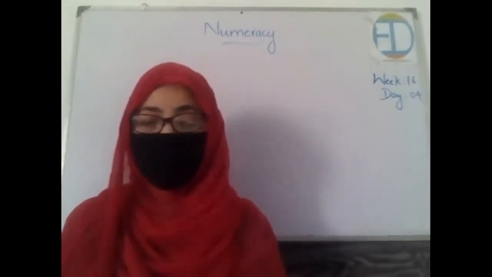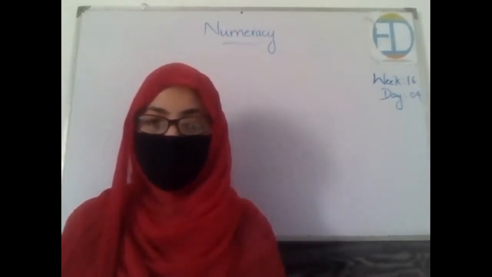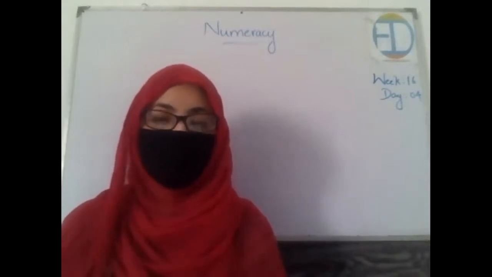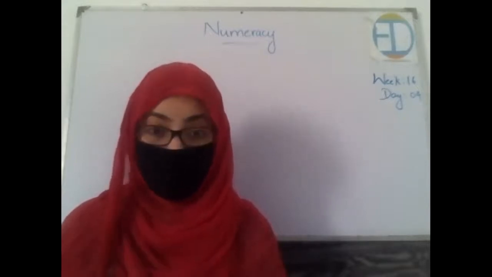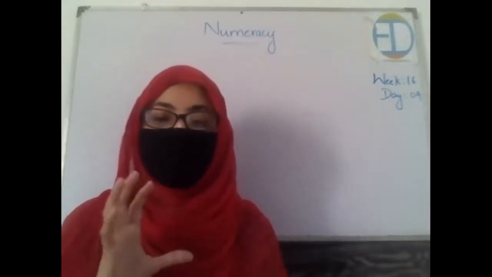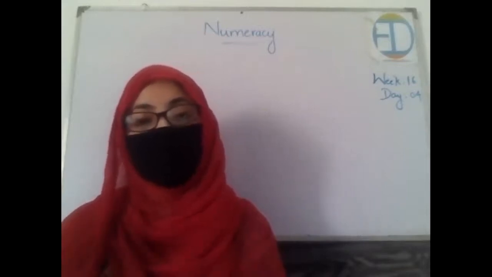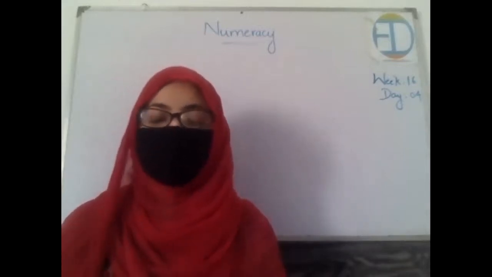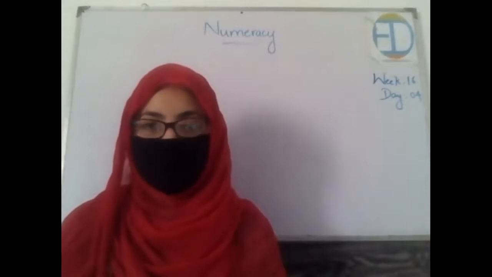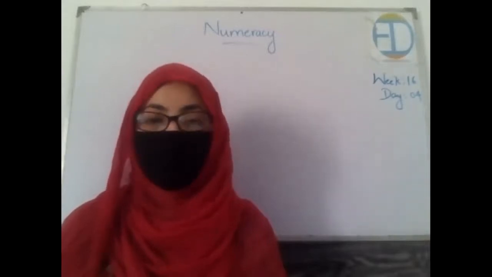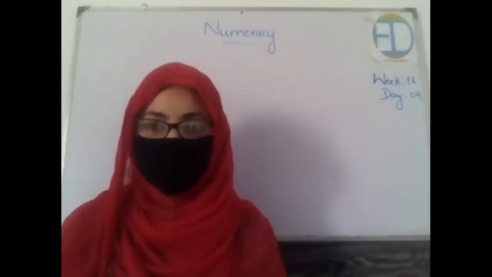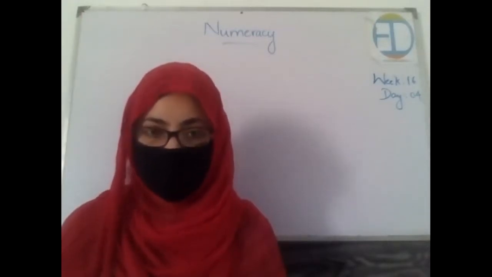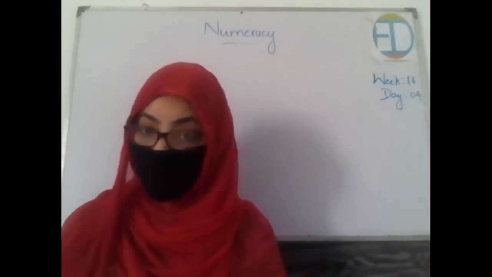Let's first quickly revise what we have learned so far about the weight. Who is going to tell me what does weight mean for us? It basically tells us how heavy an object is, right? How heavy an object is, is the weight of that object. So how can we measure that? Through weighing machines, right? There are a lot of weighing machines.